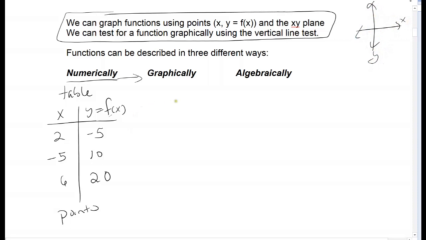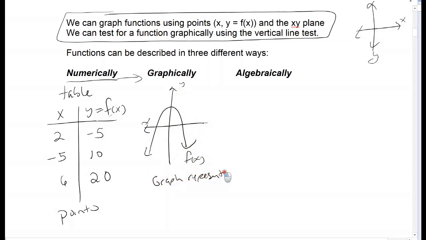Right, so when we plot points, we'll get graphs out. There's my y-axis, there's my x-axis. And so that graph would represent some function. So graphically, what a graph does, a graph represents all possible solutions. Right?